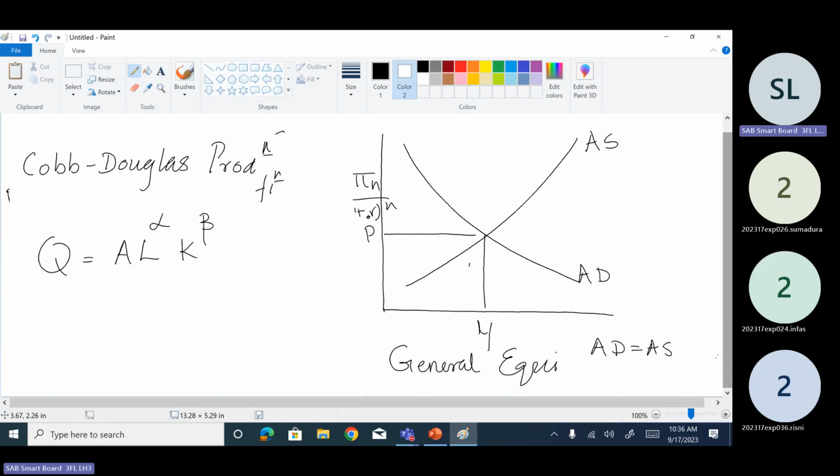Alpha and beta are the coefficients. Now we take the log form: log Q equals log A plus alpha log L plus beta log K. So alpha and beta are the coefficients.